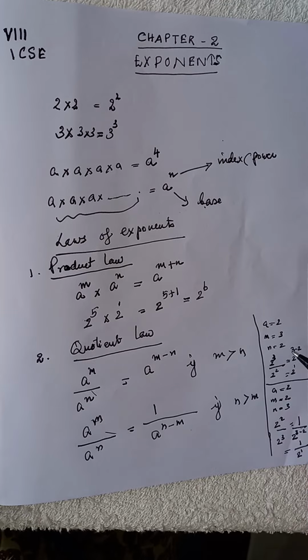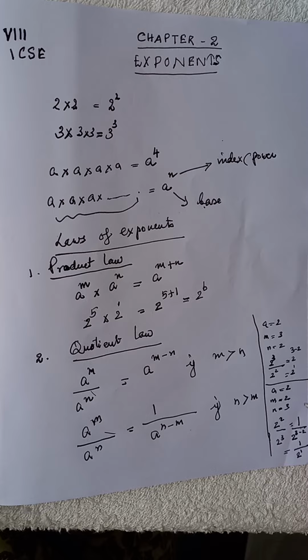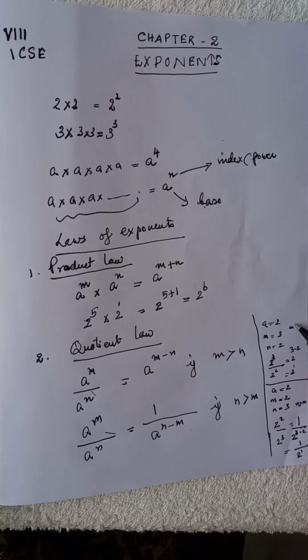So here if m is greater than n, then 2 raised to m by 2 raised to n is 2, and if n is greater than m, we will get 2 raised to 2 by 2 raised to 3 as 1 divided by 2.